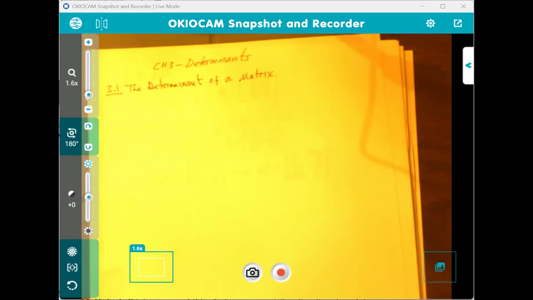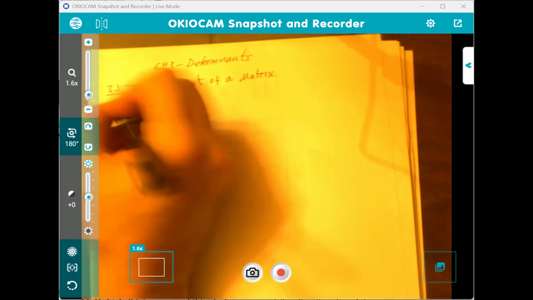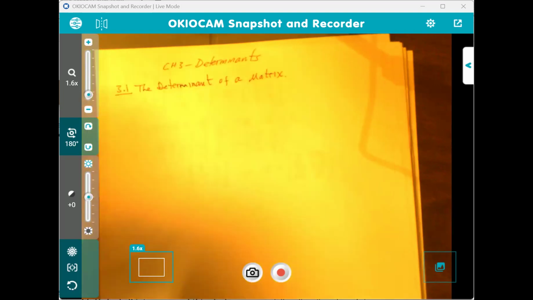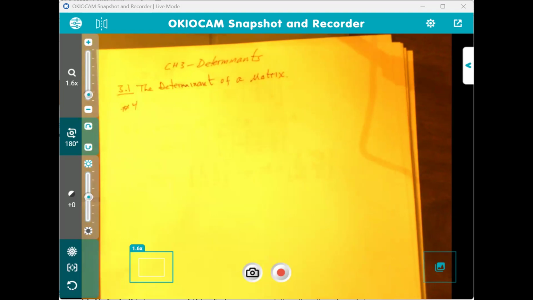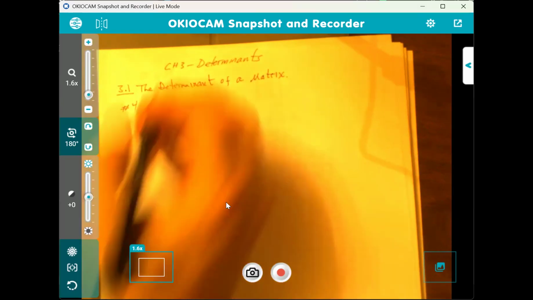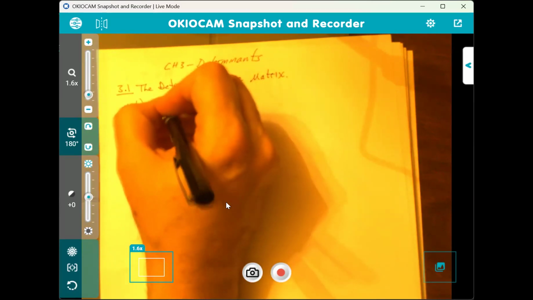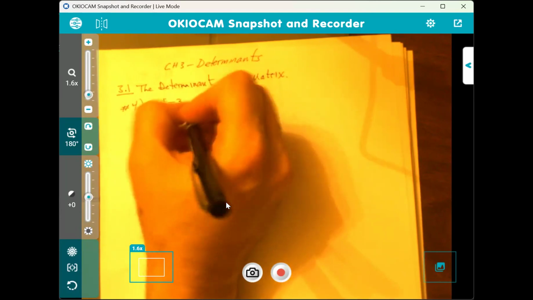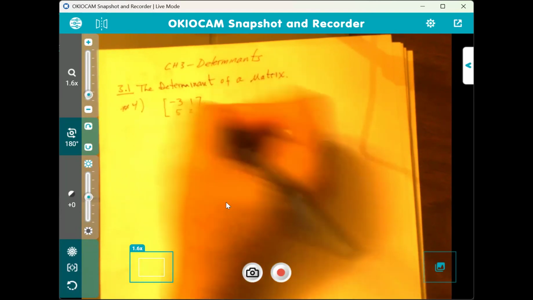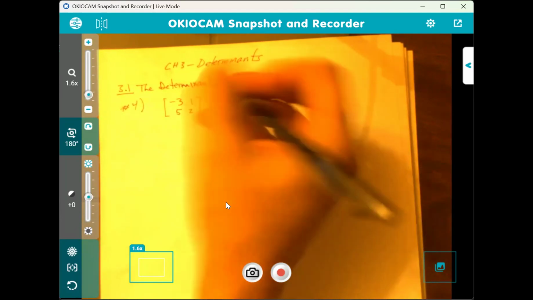So let me go to the page of the book. Okay. And this is number 4 now. Okay, in exercise number 4, the matrix is -3, 5, 1, 2.